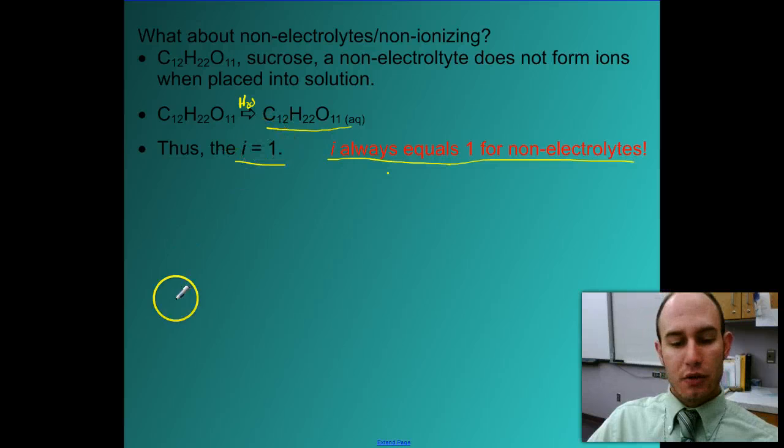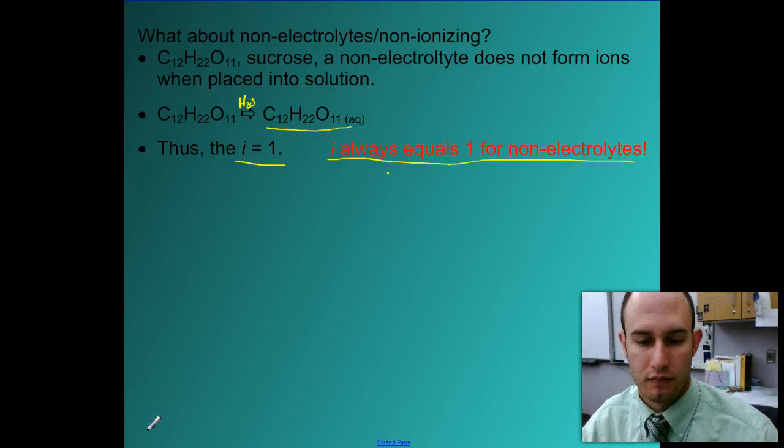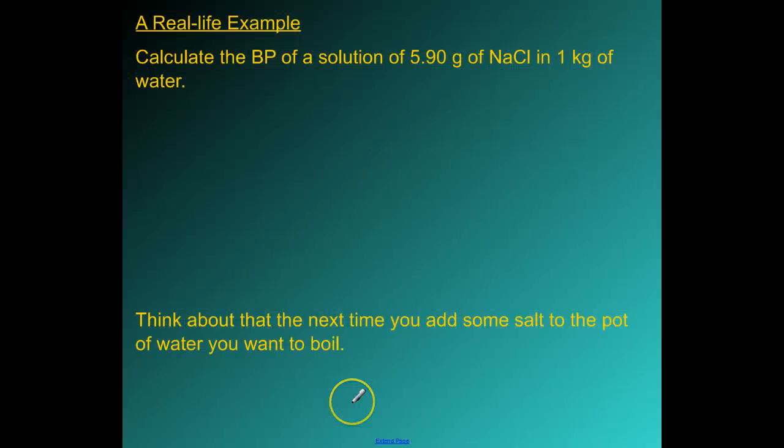So let's put this to use and solve some example problems. Calculating the boiling point of a solution if we're given 5.9 grams of sodium chloride and we're putting that in 1 kilogram of water.